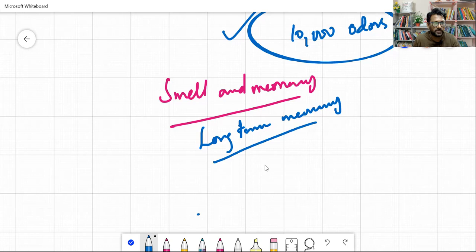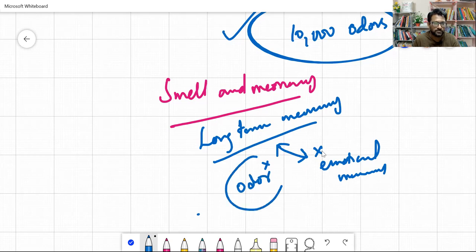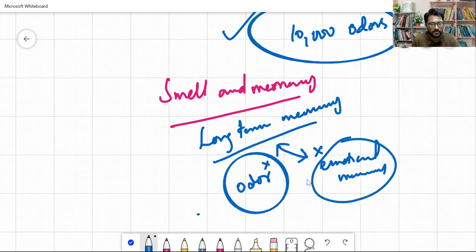It has a strong connection to emotional memory. So odor, smell and memory are interconnected, the emotional memory especially. This is most likely due to the olfactory system's close anatomical ties to the limbic system.